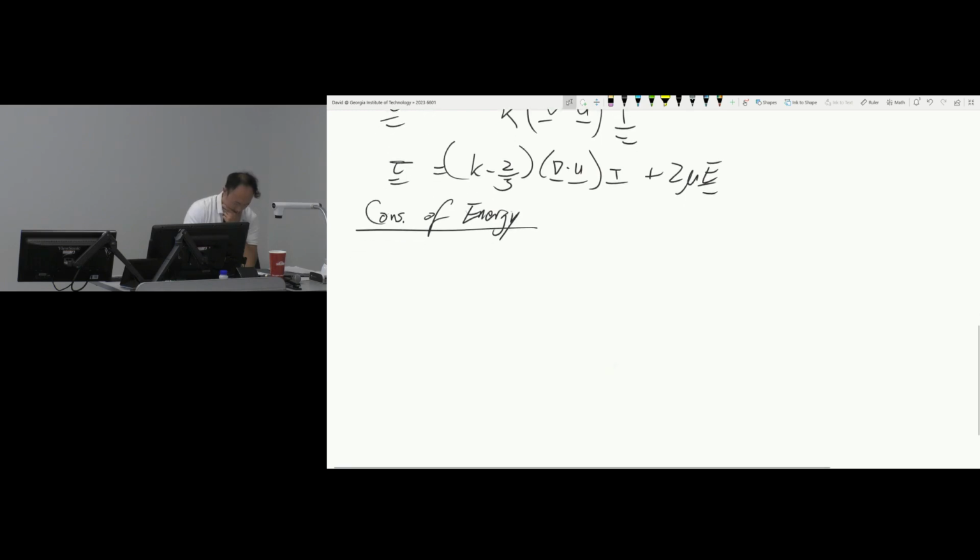So let's talk about conservation of energy. So basically, let's give the word statement.